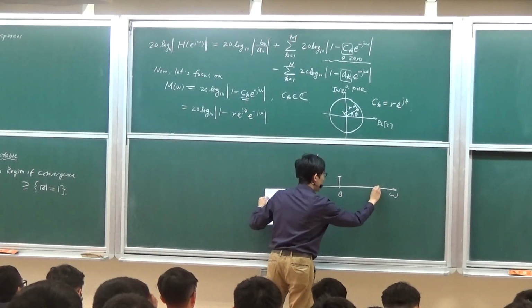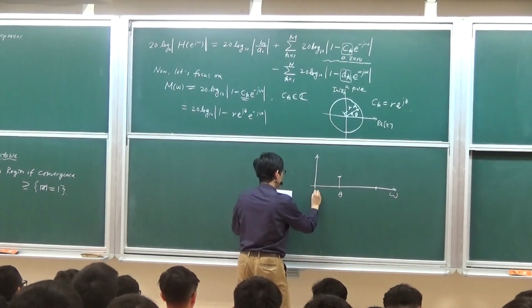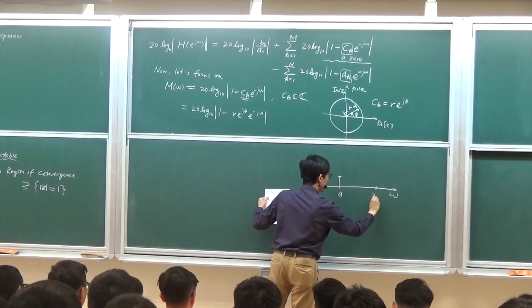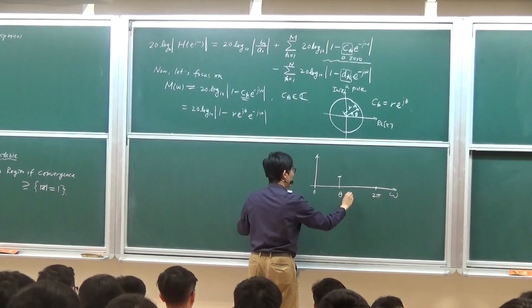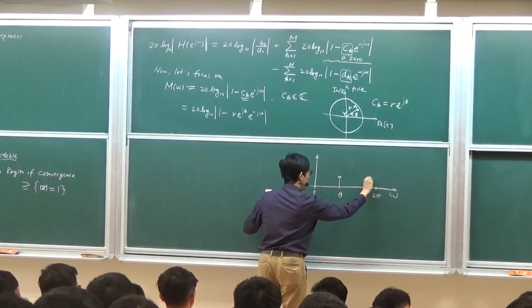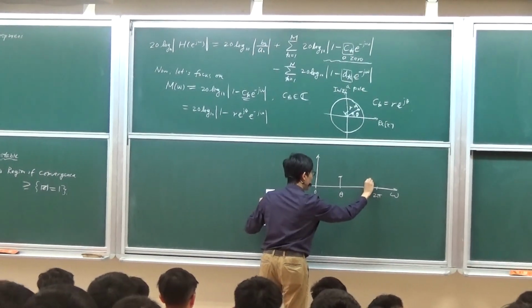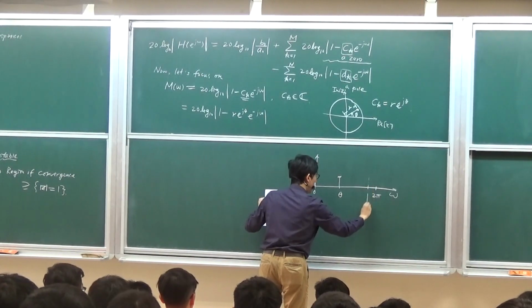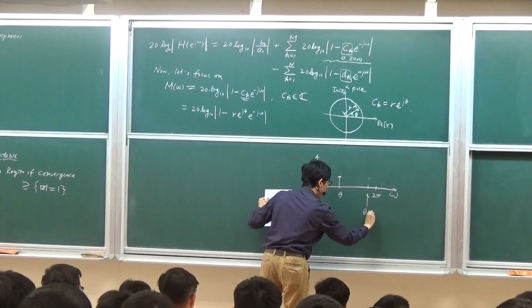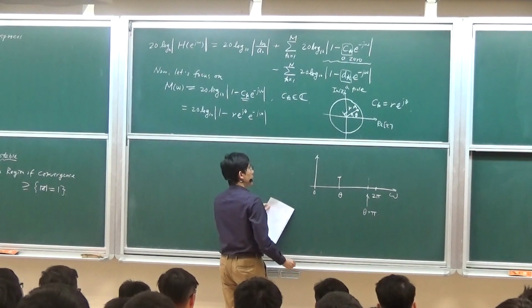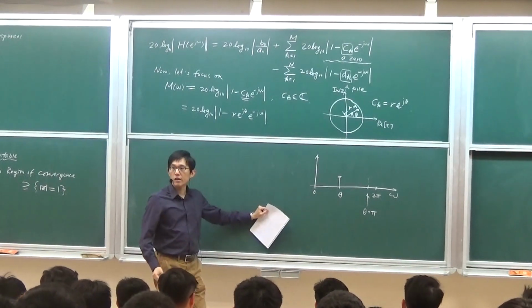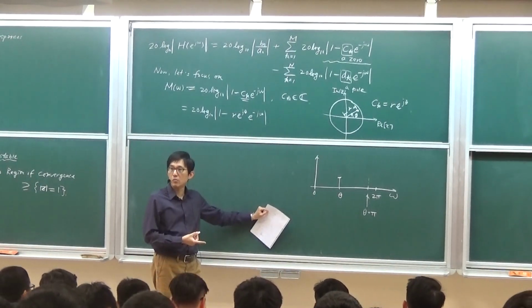Whereas if we consider from 0 to 2 pi, at theta plus pi, maybe somewhere here, that's also a frequency. At this frequency, we'll show that the magnitude response reaches a maximum.